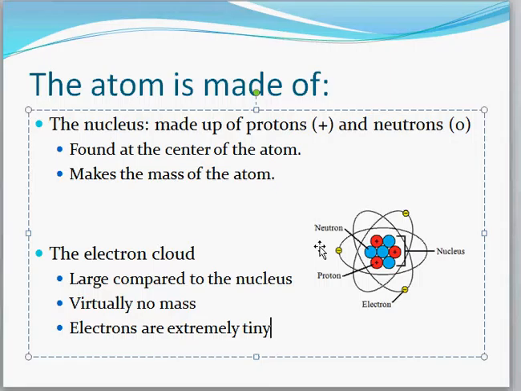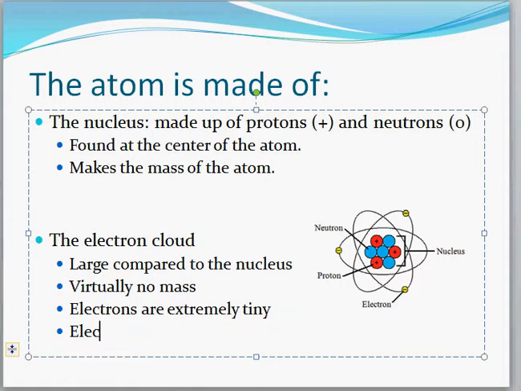And electrons are negatively charged. Okay? The electrons are going around and around outside of the nucleus in the electron cloud.